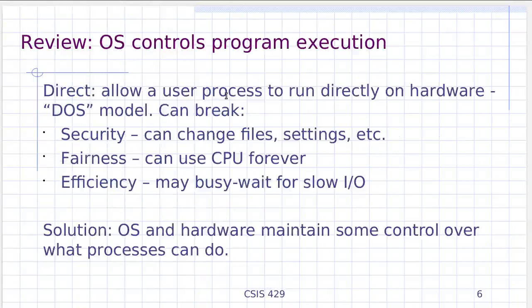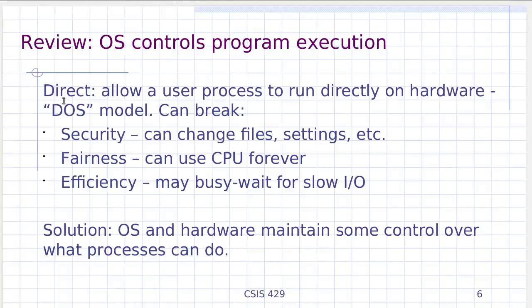Okay, so there's direct execution, where the operating system says, okay, user process, run directly on the hardware. You've all seen the DOS operating system, maybe if not the actual DOS, maybe DOSBox or something like that. There are a lot of problems with using this DOS model of allowing a process to do anything at once on the hardware.